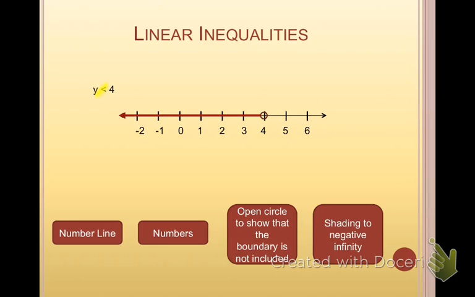And since it's pointing to the left, my students know to shade to the left. However, you have to be very careful about using that trick. It only works if the variable is on the left side. And that's why I always like to solve with my variables on the left side of the equation. It's all coming together now, right?